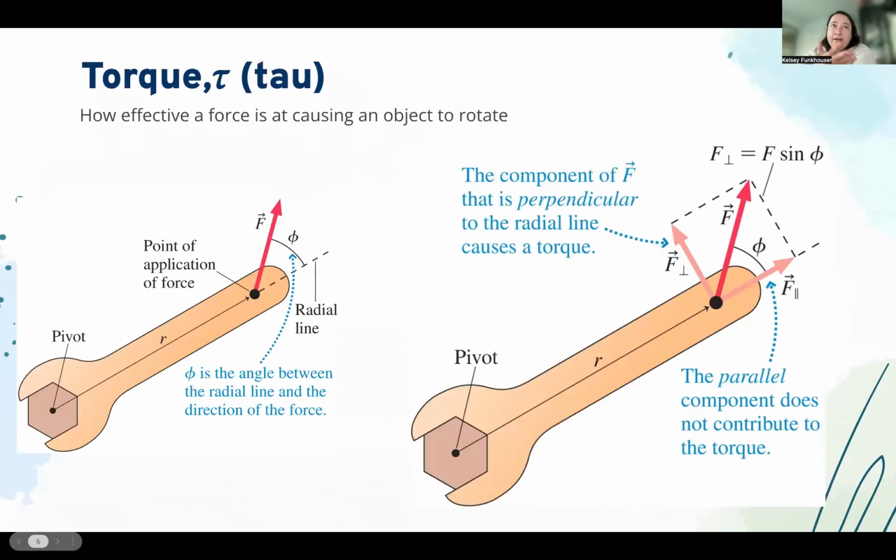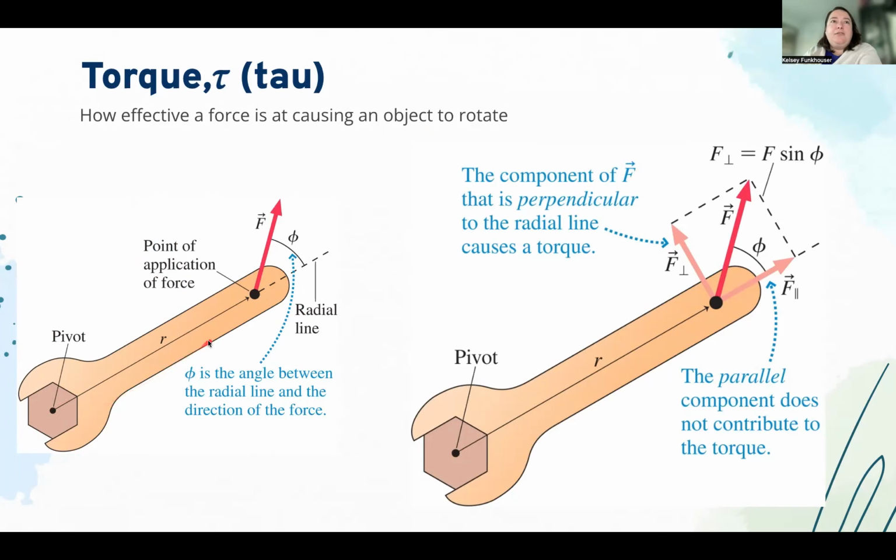So torque tells us how effective a force is at causing an object to rotate. And it's given by the symbol tau, which is kind of a little t. And we have an example here of a wrench where the pivot is at the end here.